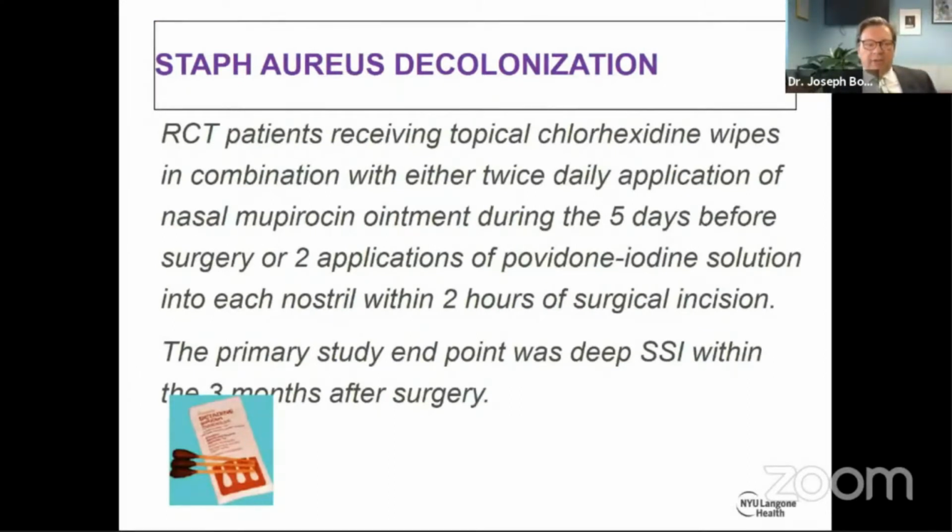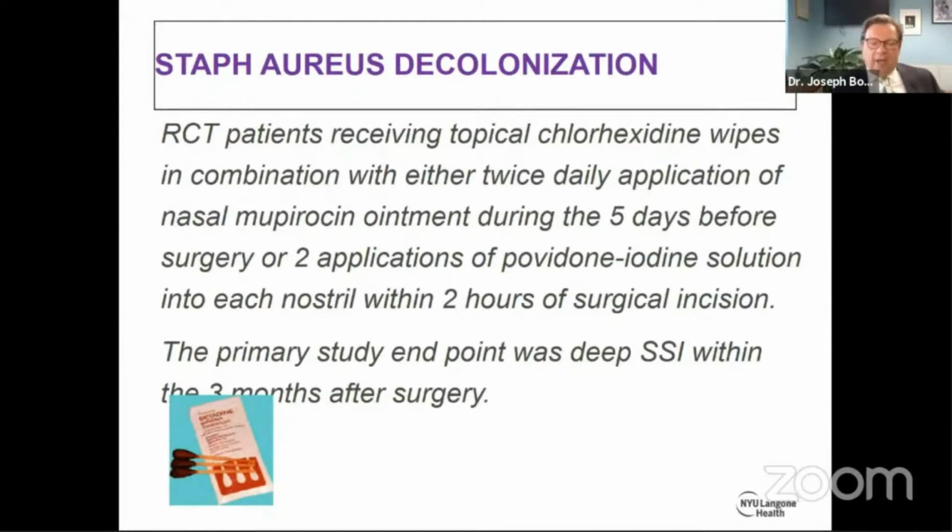We actually did a randomized controlled study where we compared Mupirocin versus povidone iodine. The problem with Mupirocin we found is that you need to take it for 5 days before surgery, and it's expensive. So a lot of patients weren't doing it because they'd have to take it at home. But the povidone iodine, you can swab their noses right before surgery, and it's very inexpensive.